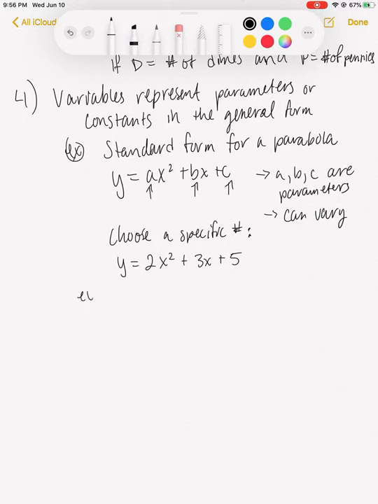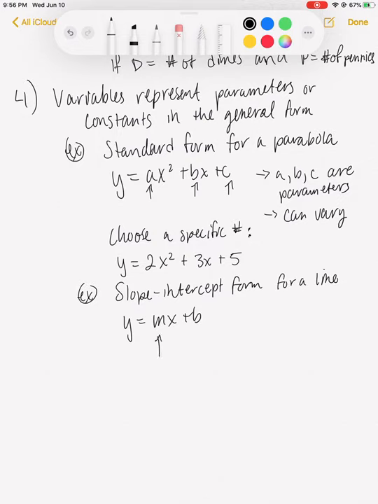And then another example could be slope-intercept form for a line. Y equals mx plus b.